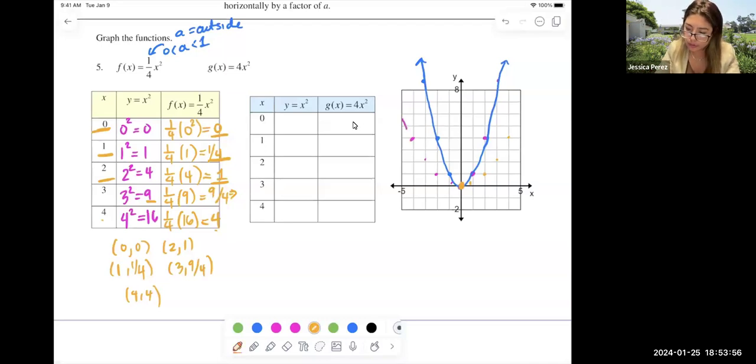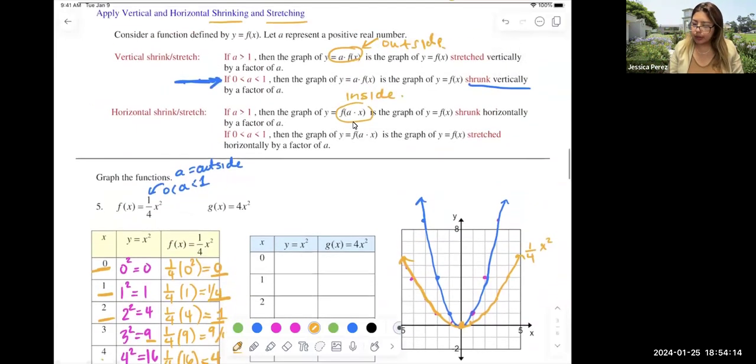So I said I was going to draw it in the color orange. The orange graph that we see is 1/4 x squared. So basically what we did is it stretched or shrunk vertically. It's going to shrink vertically because it's 1/4.